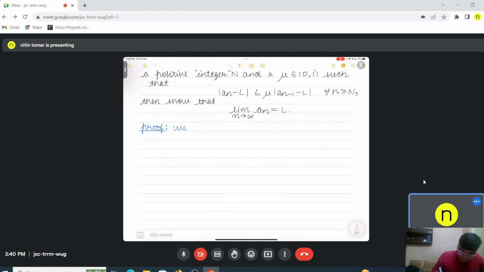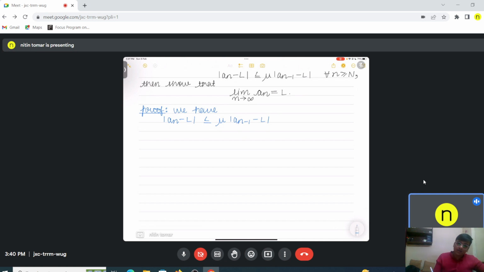We have been given mod a_n minus L is less than or equal to mu times mod a_(n minus 1) minus L. Now what can you say about this mod a_(n minus 1) minus L? Can we say that this is actually less than or equal to mu square times mod a_(n minus 2) minus L? Yes? Can we say that?